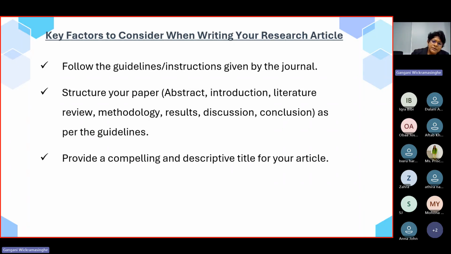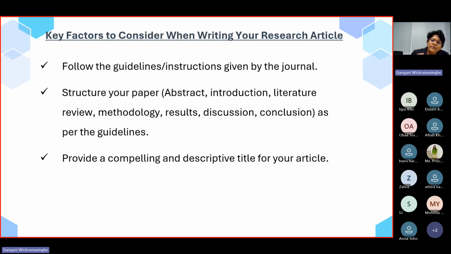Then the next important factor for you to remember is have a very compelling and descriptive title for your article. This title should be very attractive, and this title should reflect the scope, depth and breadth of your research.